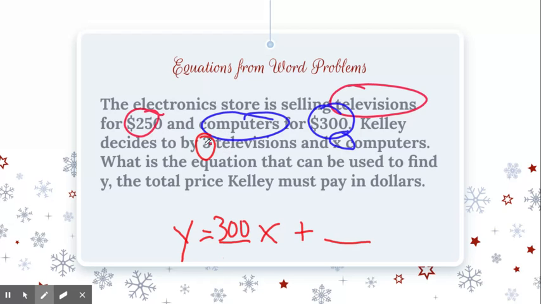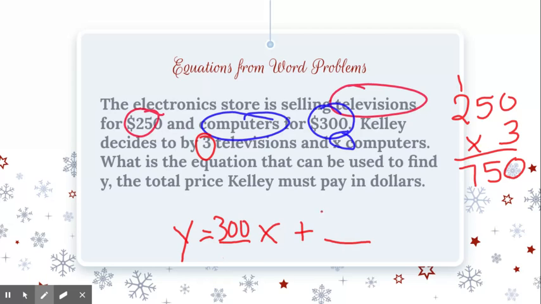And to do that, we have to multiply. Or you can add 250 three times, but multiplying makes it easier. 0 times 3 is 0. 5 times 3 is 15. 3 times 2 is 6, plus 1 is 7. So that means my 750 goes here because I know that amount. I know how much 3 televisions cost, so I don't need to put an x with that. But I don't know how many computers I'm buying, so I'm going to put 300 there next to the x.